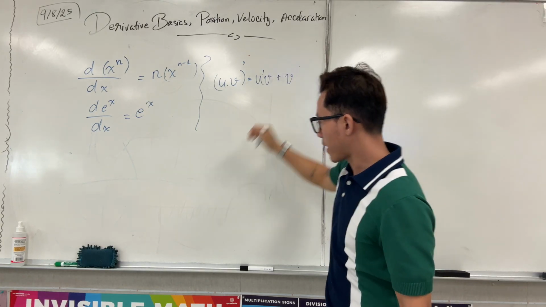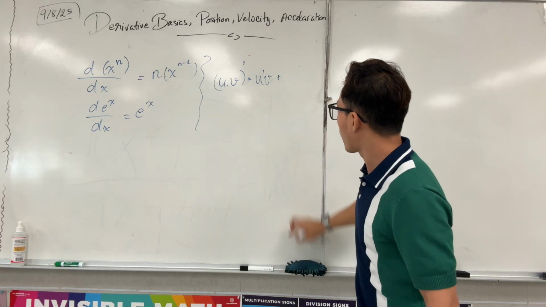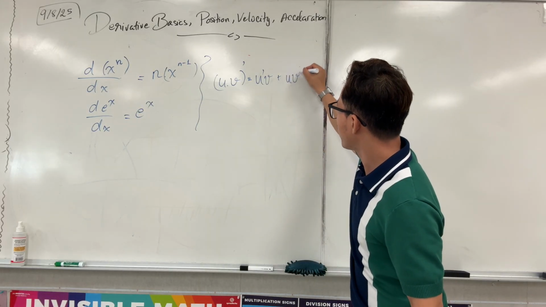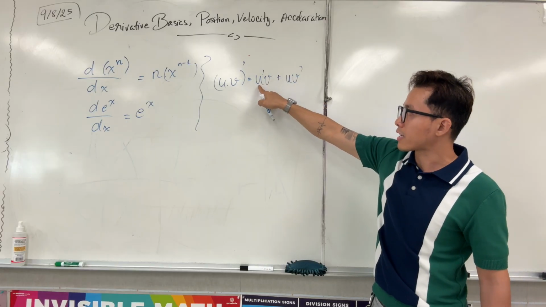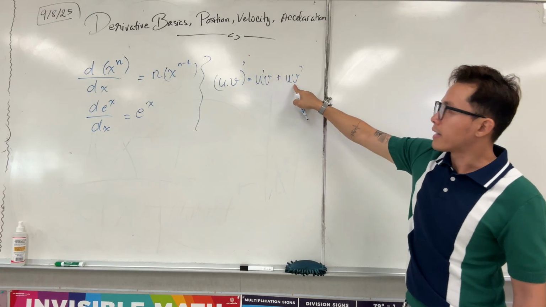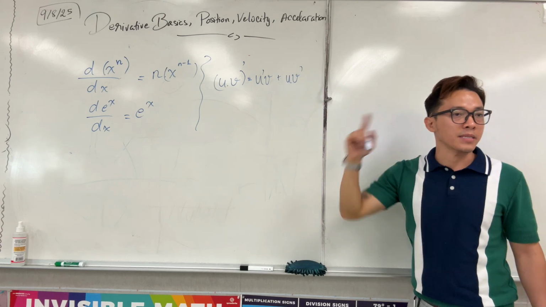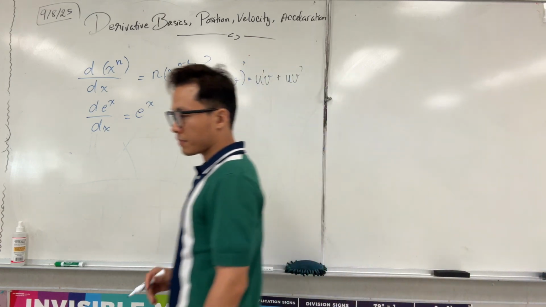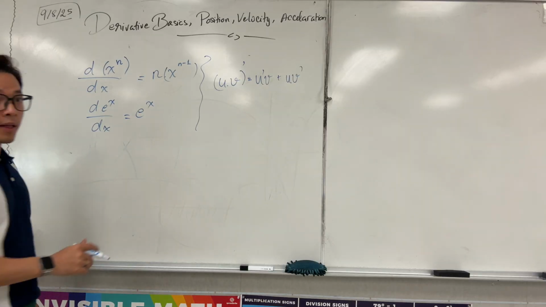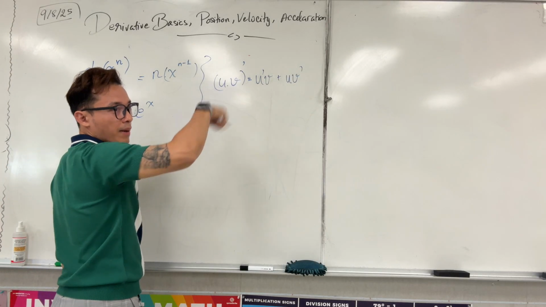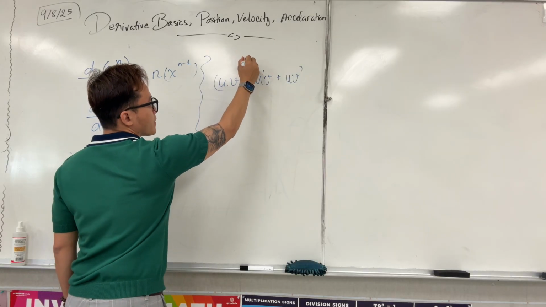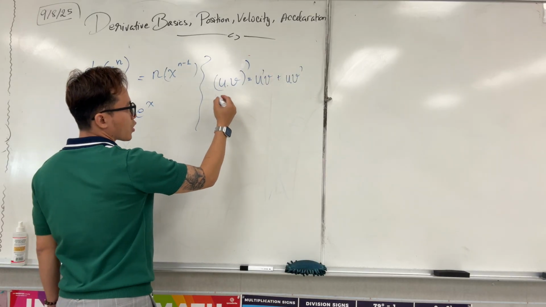Or I write it like this: u v prime. So the first one you take the derivative of the first term, and the second one you take the derivative of the second term. Okay? The prime is the short way you write the derivative.